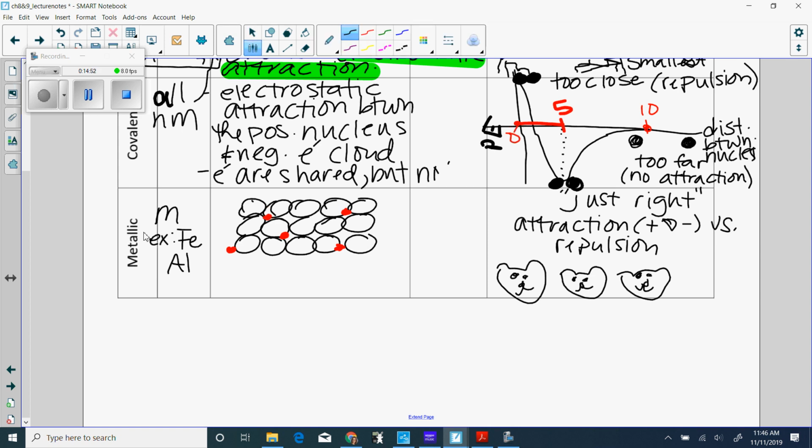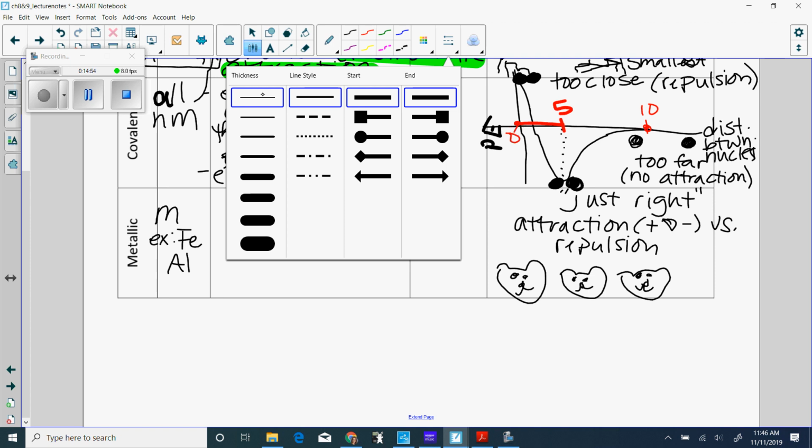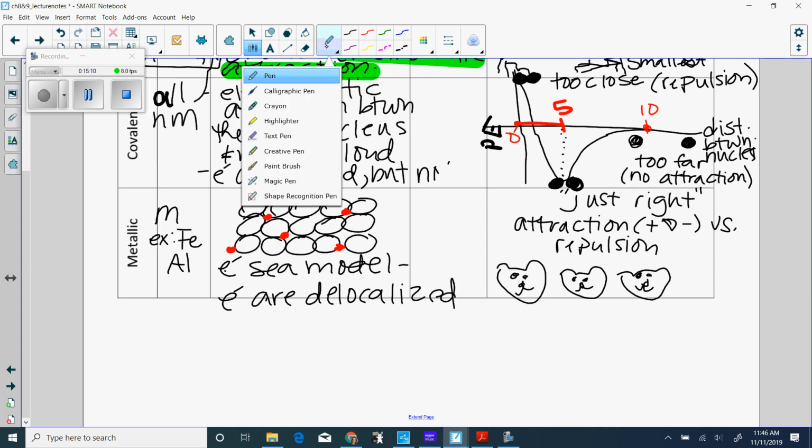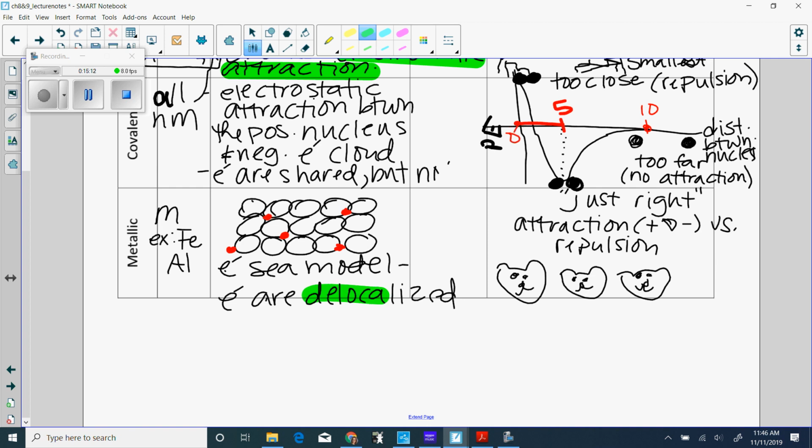We call that the electron sea model. Sea as in ocean. And in the electron sea model, the electrons are delocalized. Delocalized means that they aren't stuck to a certain atom. They are just pooled and shared by everything.